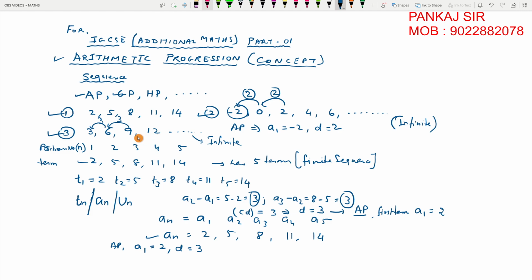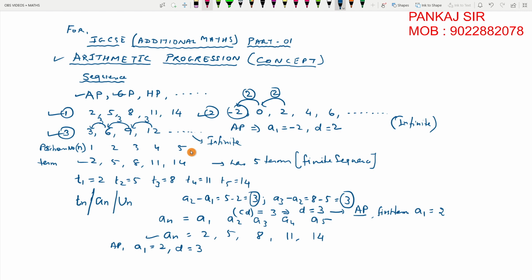And 12 minus 9 is also 3. So this third one is also an AP, and you can see that the common difference is 3 and the first term is also 3. So this is an AP with a common difference of 3 and first term being 3. So these are 3 examples of arithmetic progression that I have given you.